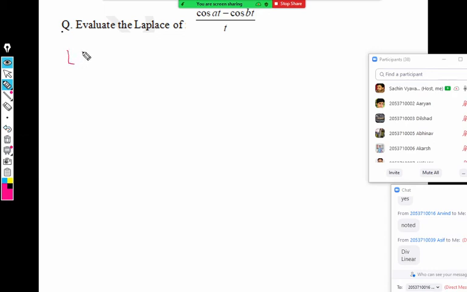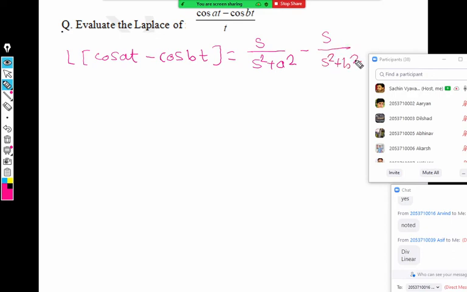First we'll take the Laplace of cos AT minus cos BT. Now you can tell me the Laplaces of these functions. By linearity property, it is s upon s square plus a square minus s upon s square plus b square, and this is our F(s).